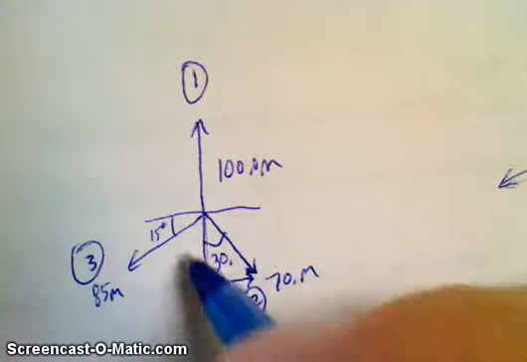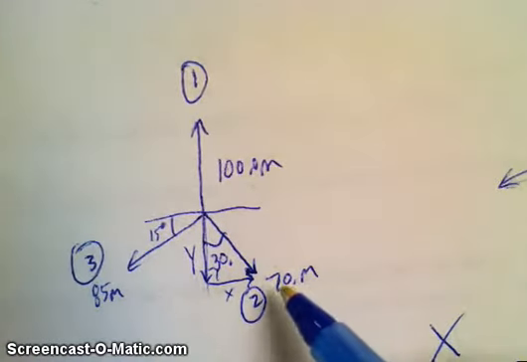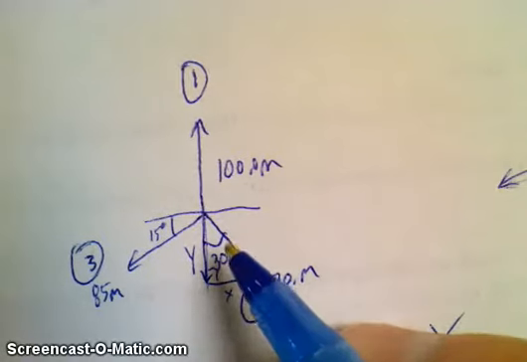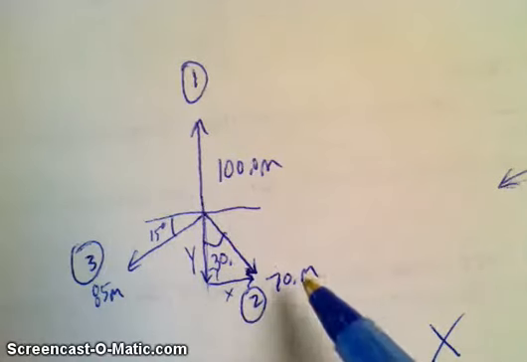This would be my x component, and this would be my y component for that particular one. I know the hypotenuse, and I'm looking for the x, and I know the angle. What trig function do I use? It's the opposite side and hypotenuse. Good. Sine.